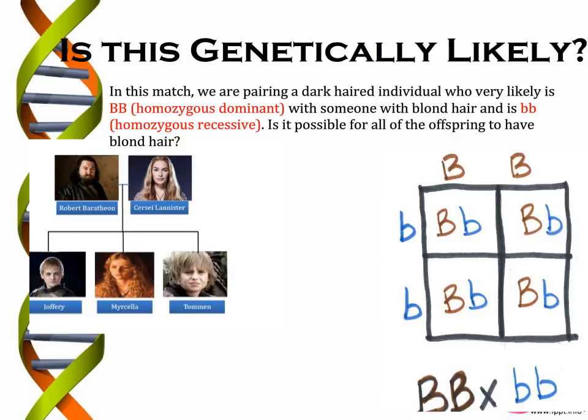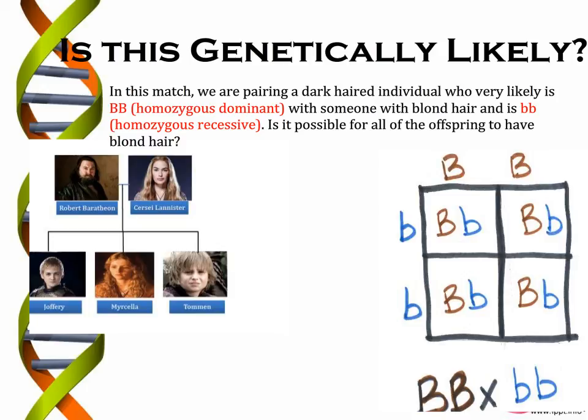That is a homozygous recessive allele, little b, little b. If we look at our Punnett square, and we cross the big B with little b, we are looking at heterozygous individuals.